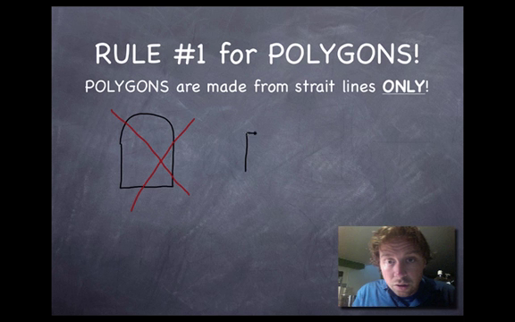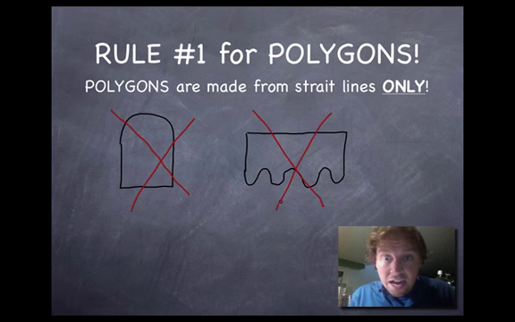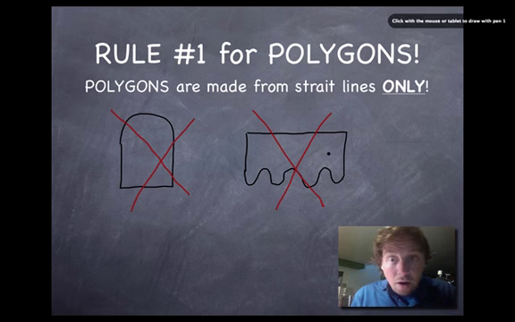Okay, let's do this. And ooh, it's starting out good. Uh-oh. This is where we're running into problems. This is why this shape is not a polygon. Look at this wavy line underneath.